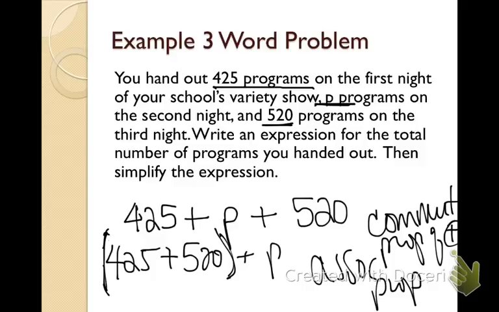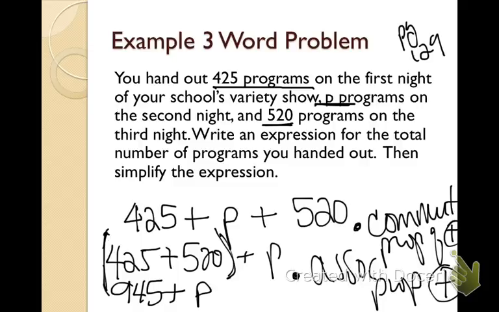And I know my handwriting's really bad, but you can also look at similar examples if you want to on page 129 in your textbook. So now if I add these two together, I get 945 plus P. So I used the commutative property of addition, and I used the associative property of addition. So I simplified the expression as well as stating what I was doing.